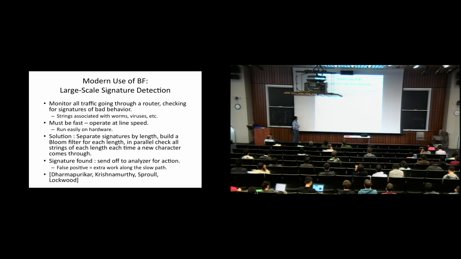So you separate the bad signatures that you have to check for by length, build a Bloom filter for each length, and then essentially as each character comes in, you can pipeline through and in parallel check all the strings of the last however many characters for each appropriate length. And if you ever see one of those bad signatures, then you say, well, I have to send things off for further examination to determine if this was real or a false positive or what I should do for this situation.